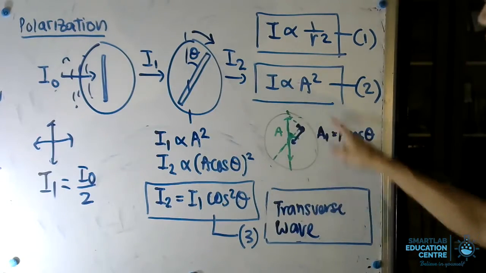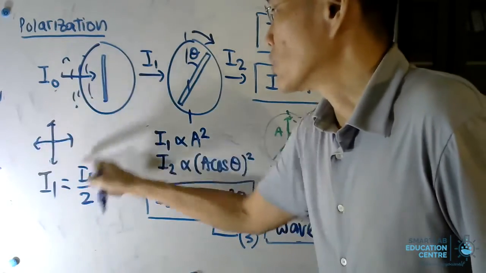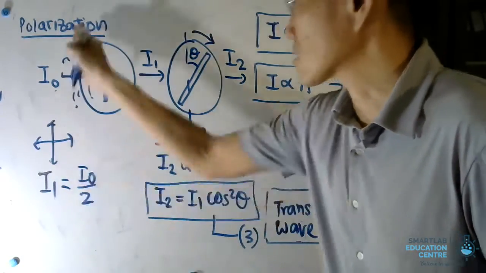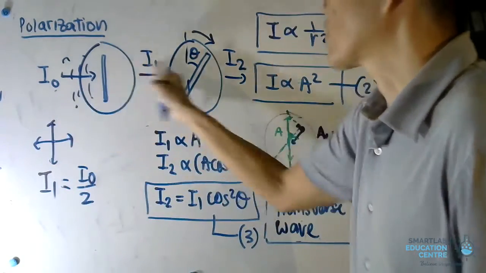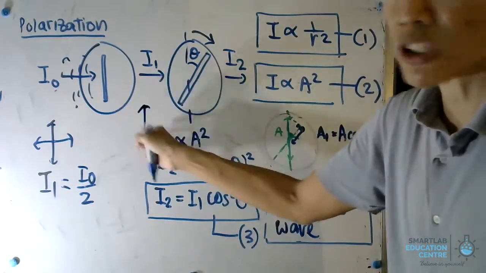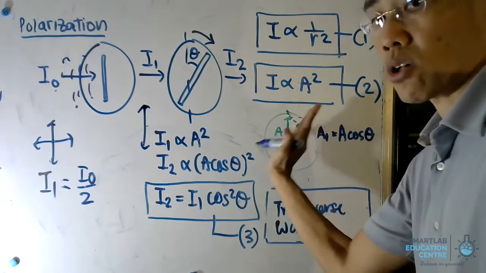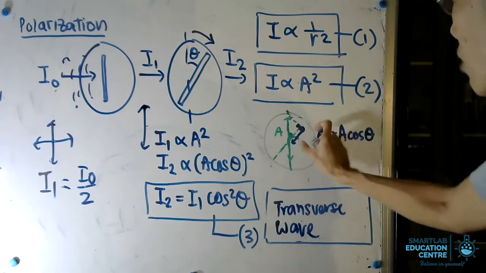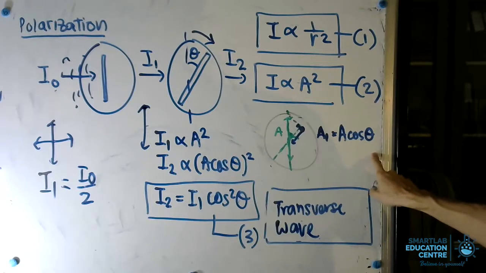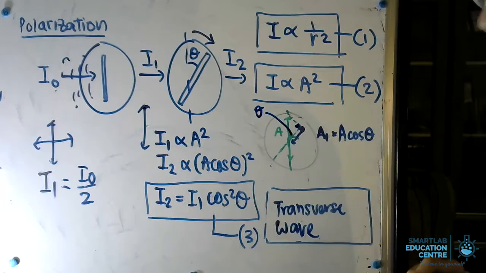So to do that, we need to analyze based on the amplitude. Earlier as explained, we start off with an omnidirectional source where particles could vibrate in this direction and this direction. After passing through the first Polaroid, only the particles vibrating in this direction pass through. Now if the particle is vibrating in this direction, but your slit is oriented in this direction, you realize that the amplitude of the particles that could pass through is now A1 equal to A cos theta. This is the 90 degrees angle, and this angle is in actual fact theta.